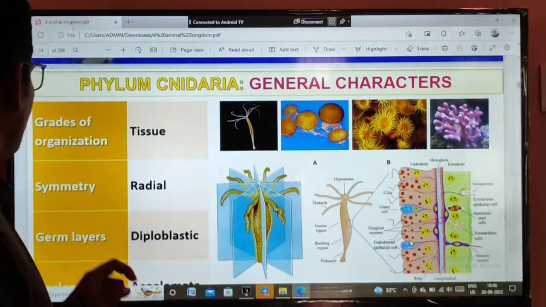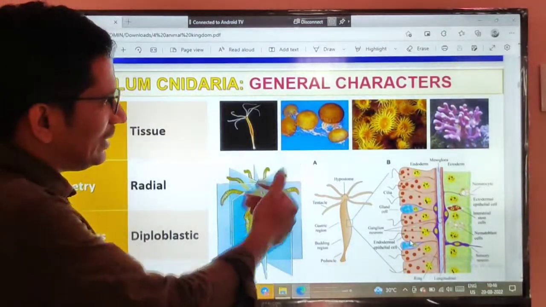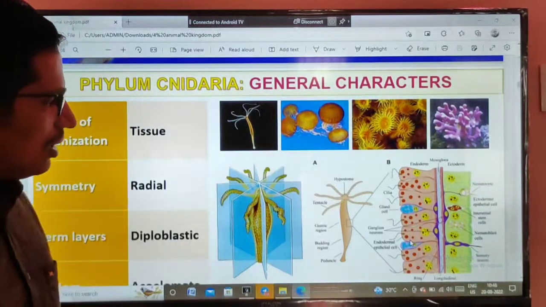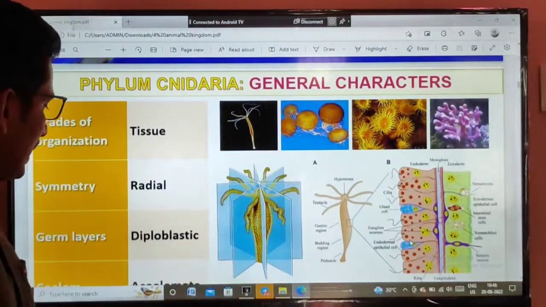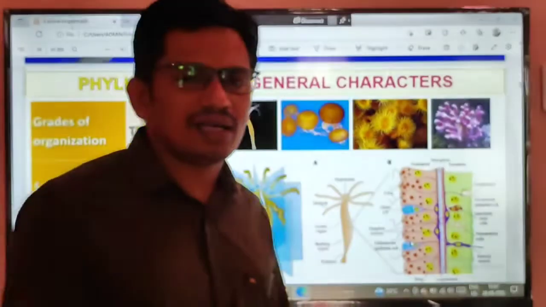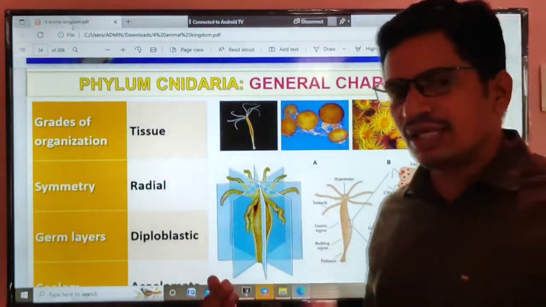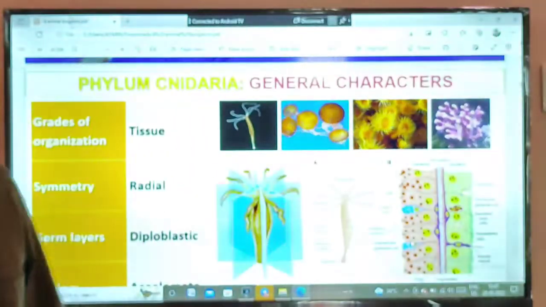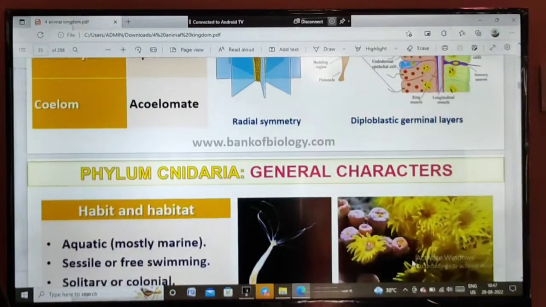The symmetry is radial symmetry. We can see Hydra, jellyfish and sea anemone here. Some are radial symmetry. The germ layers are two, known as ectoderm and endoderm. These are diploblastic organisms, and they are acoelomate.